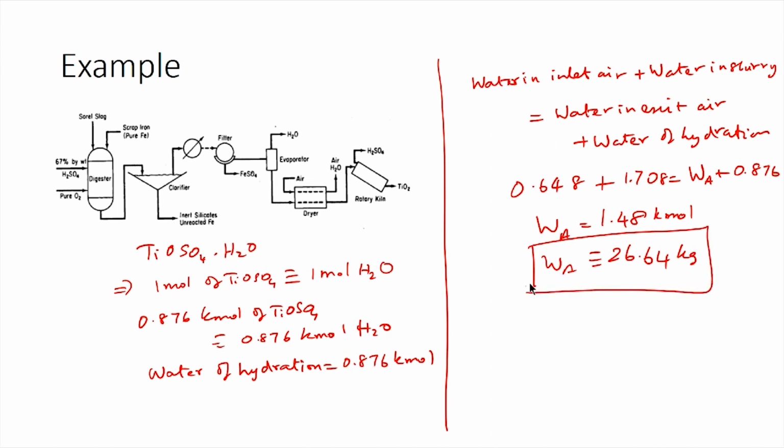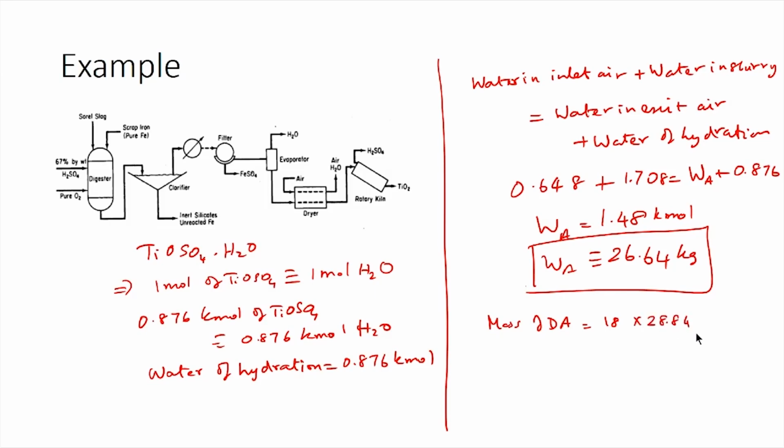Now that we know 26.64 kilograms of water is leaving with the air, we still need to calculate the kilograms of water per kilogram of dry air which is leaving the system. So, we know 18 kilomoles of dry air is fed. So, the mass of dry air fed would be 18 kilomoles times the molecular weight of dry air, which is 28.84.